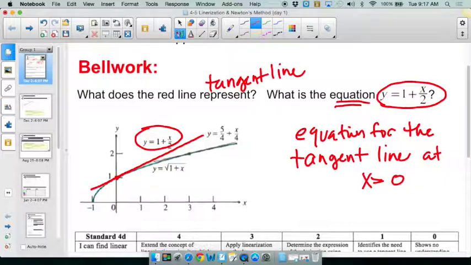You said 0.01. And when we talk about this fancy term called linearizing or linearization, it's exactly just finding this, which you've been doing for a really long time. You've been finding equations for tangent lines for a while now.